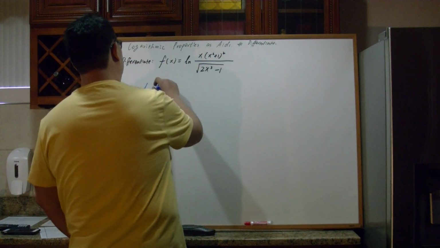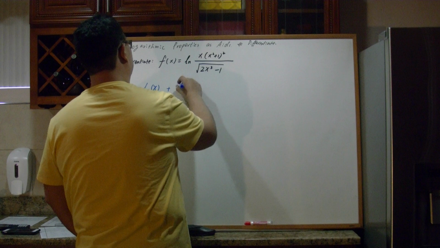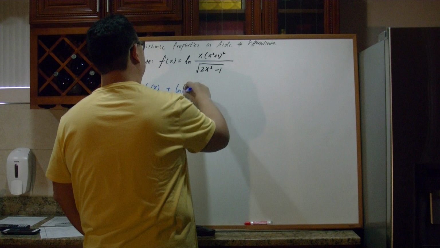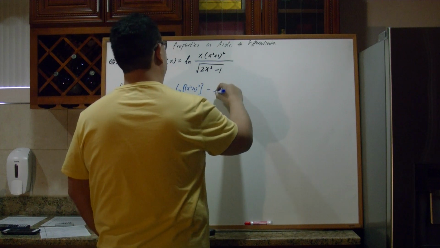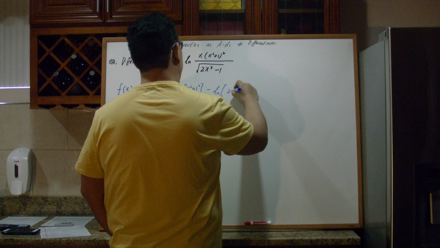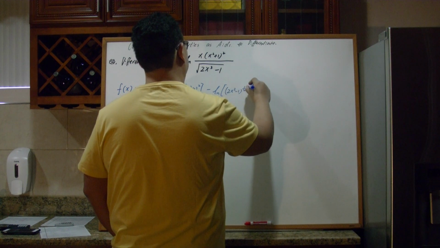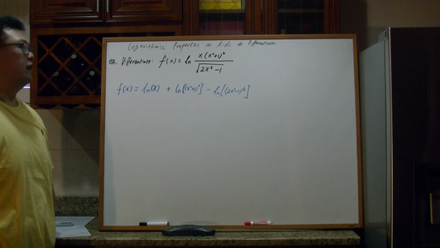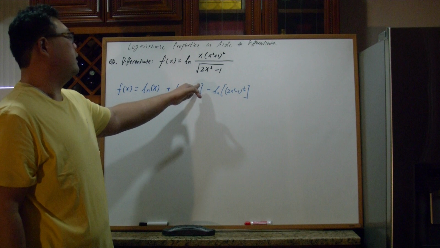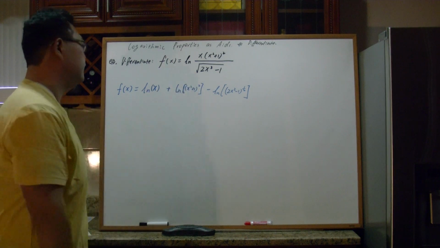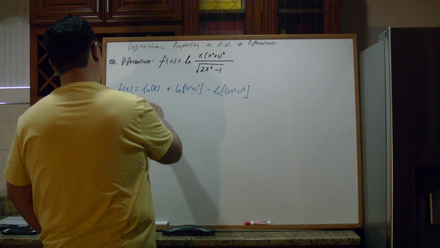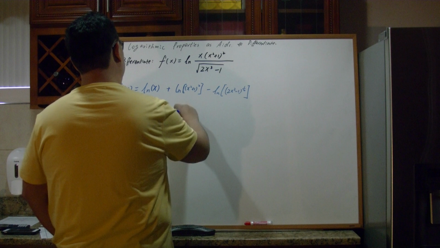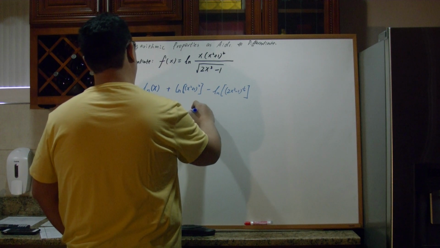So we separate: natural log of x plus natural log of (x squared plus 1) squared minus natural log of (2x cubed minus 1) to the 1/2. First, we have terms to be separated, then the coefficients come from their exponents. The first term, natural log of x, is okay. The second has power 2, so take that in front of the term x squared plus 1.